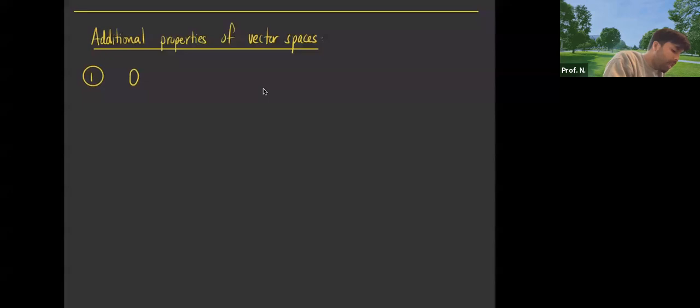If you take 0 and multiply it to V, what should be the result when you apply this kind of scalar multiplication? 0 multiplied by V should give you 0. Again, this is a scalar 0, and this is the vector 0. It's not the same. They're different.